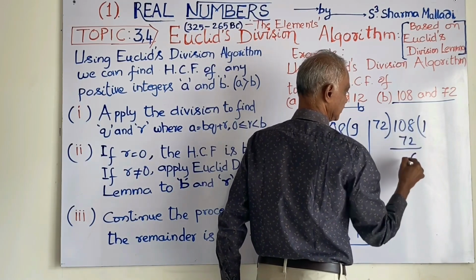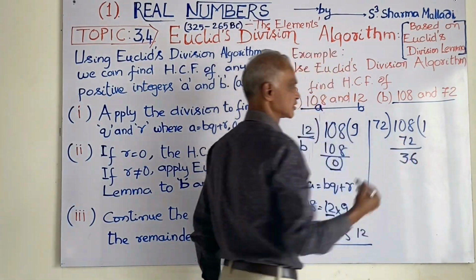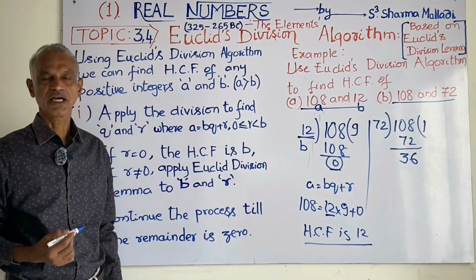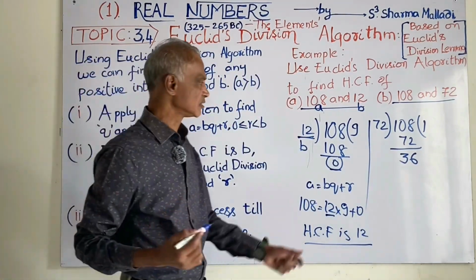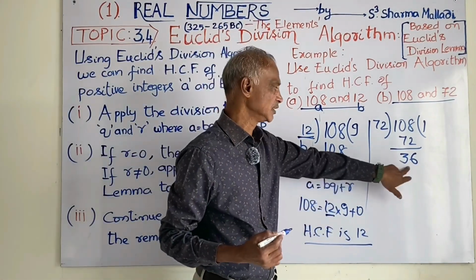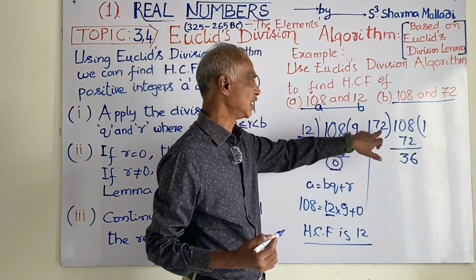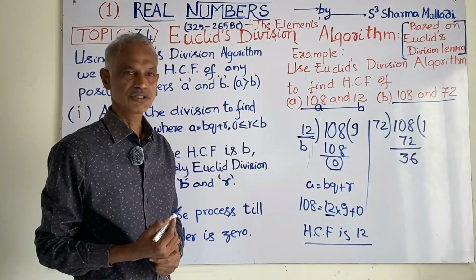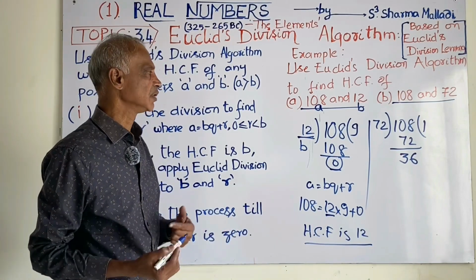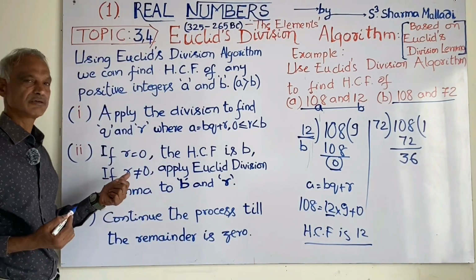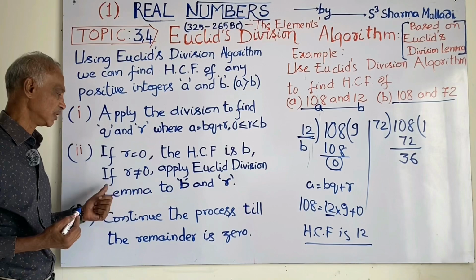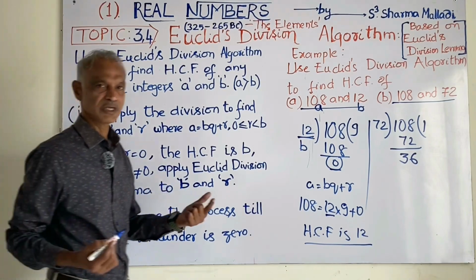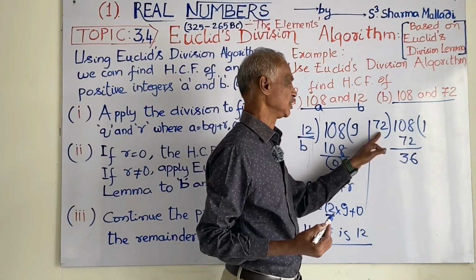You are getting 36 as the remainder. Always remember, the remainder is always less than the divisor. You are not getting remainder as 0, so what do you have to do? Again, R is not equal to 0, so apply Euclid's division lemma to B and R. What are B and R here? This is B and this is R.